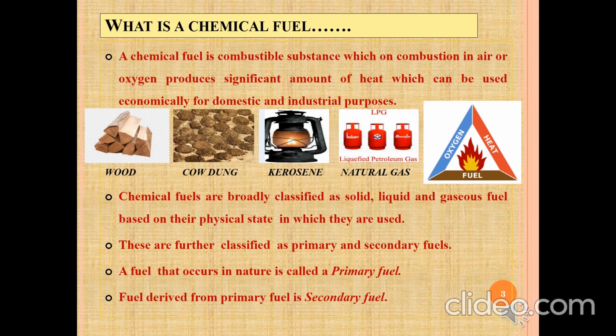Examples are wood, crude oil and natural gas. Secondary fuels are the fuels that are derived from primary fuel through a physical or chemical process. The process is also known as fractional distillation or refining. Examples are petrol, diesel, kerosene or any other petroleum products.